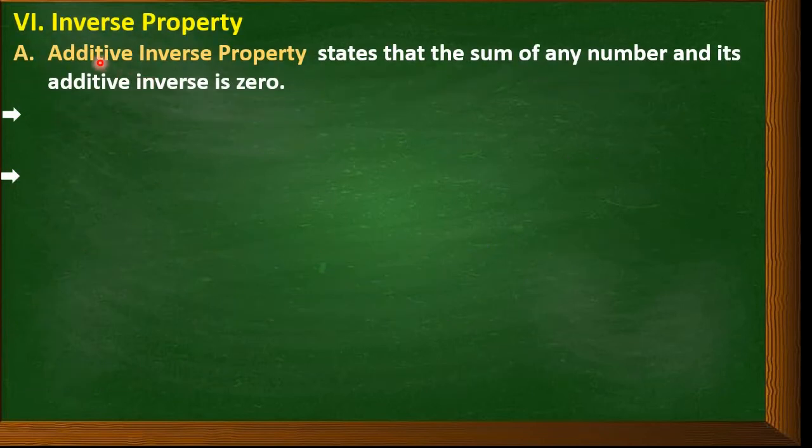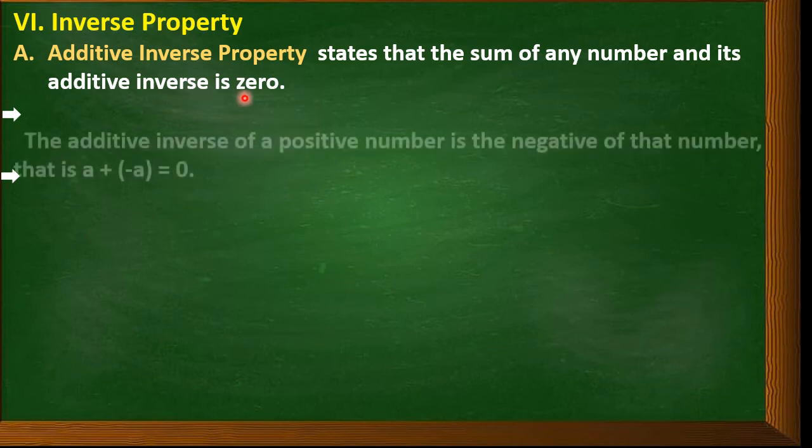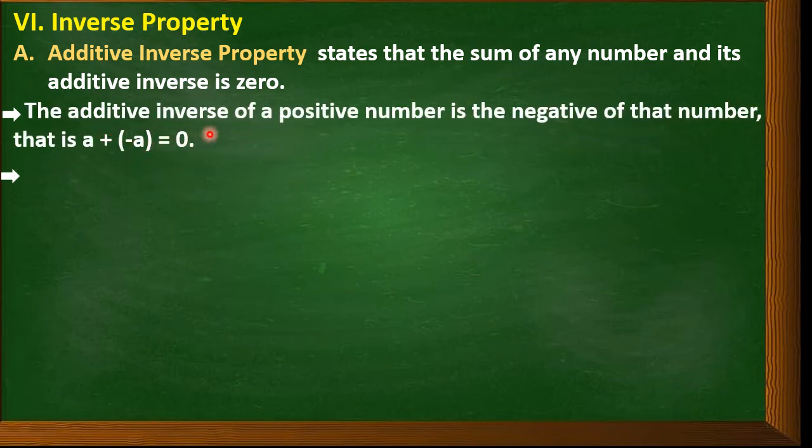Next property, inverse property. For the inverse property, we have the additive inverse property. It states that the sum of any number and its additive inverse is 0. Remember, the additive inverse of a positive number is the negative of that number.